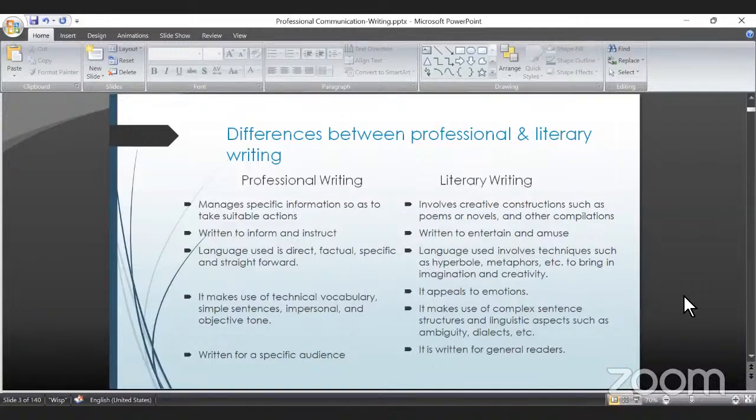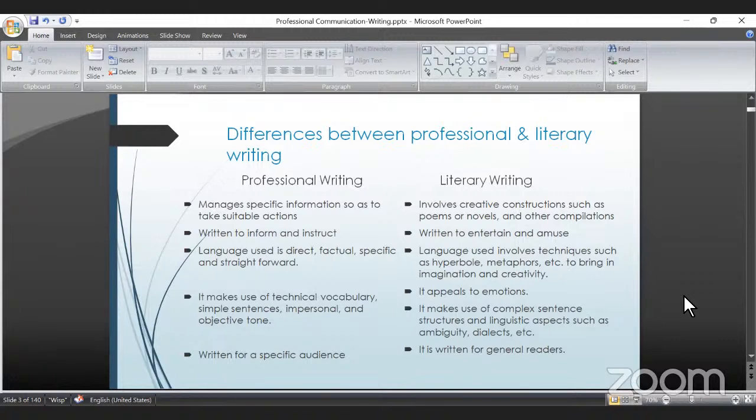Most of it is to take suitable actions, whereas literary writing and general writing both share these qualities. These are not written by themselves to fulfill any purposes. They can be written both for achieving a purpose and they can be written otherwise also. Okay, it needn't always be done to achieve a particular purpose.